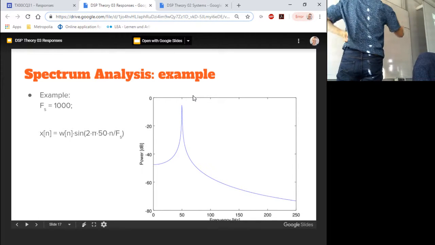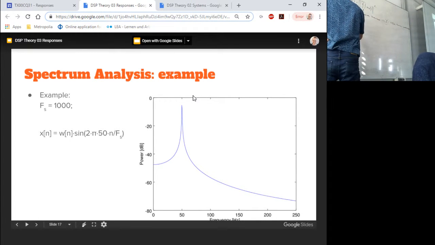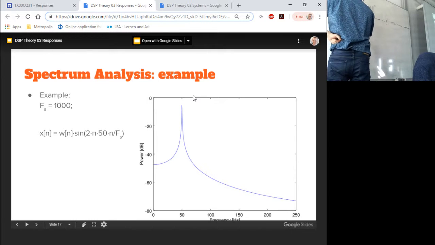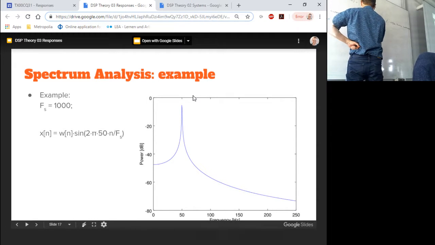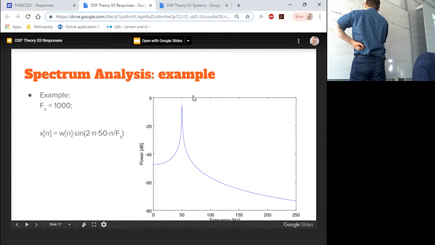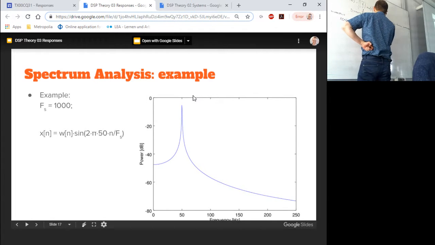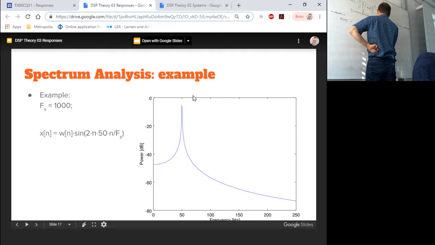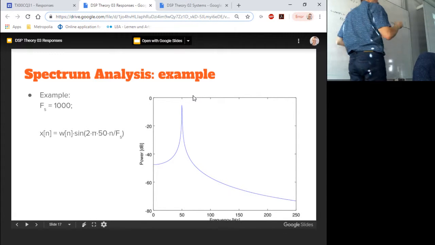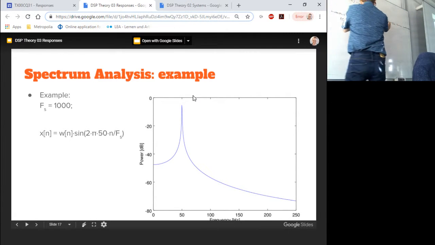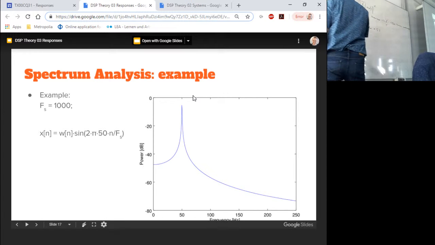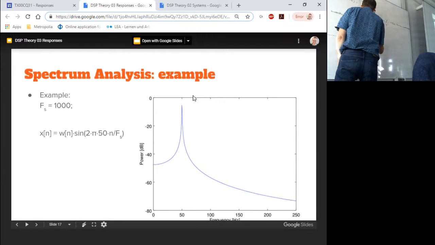So on that example, if we are sampling a signal of sine of 2 pi f sig times n times ts, how to basically take only that much of the signal.